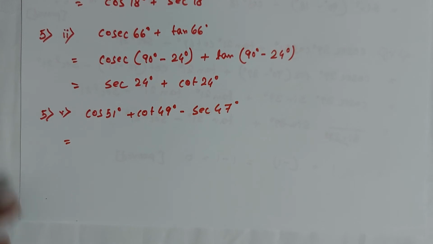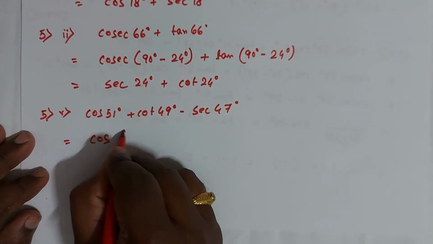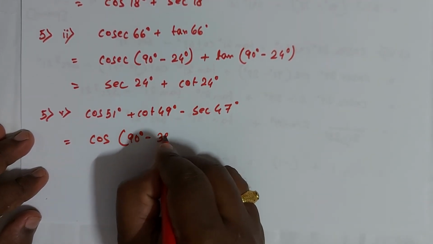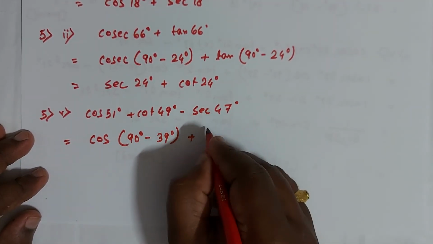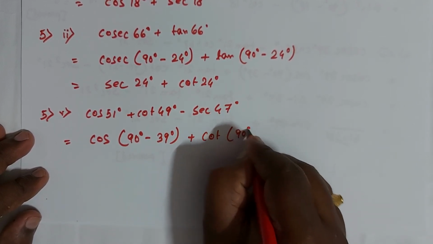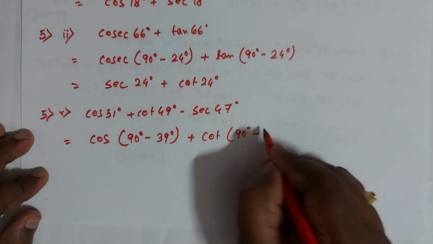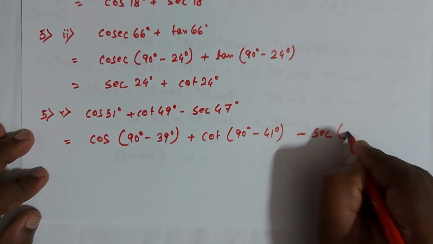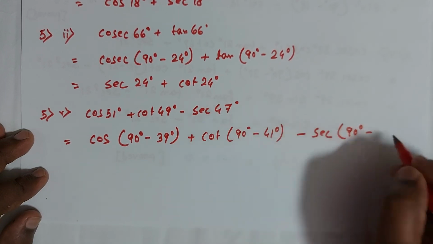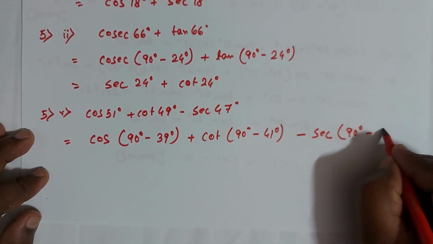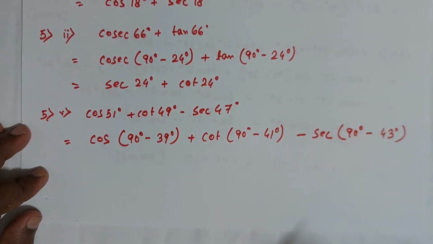So cos of 51 degree, we can write as cos of 90 degree minus 39 degree, plus cot of 90 degree minus 41 degree, minus sec of 90 degree minus 43 degree.